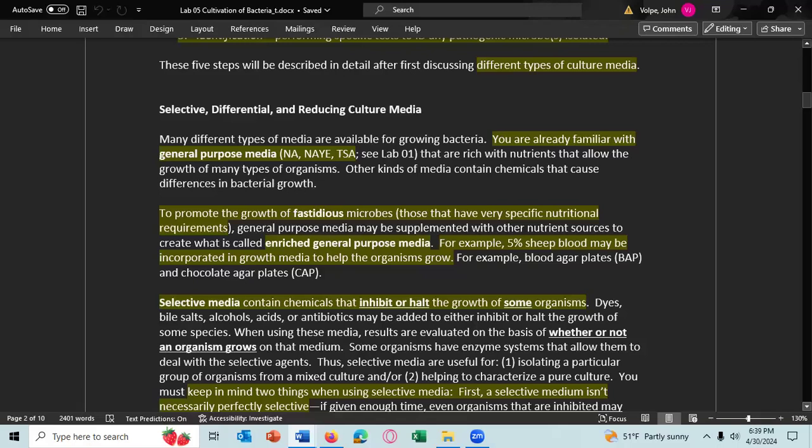Keep in mind, when you use a selective media, that first, it may not necessarily be perfectly selective, meaning given enough time, an organism that is selected against may grow and form colonies or a liquid culture, even if the organism is selected against.